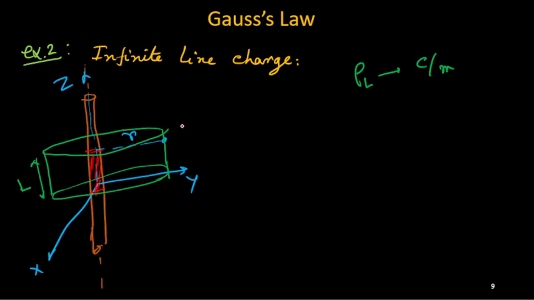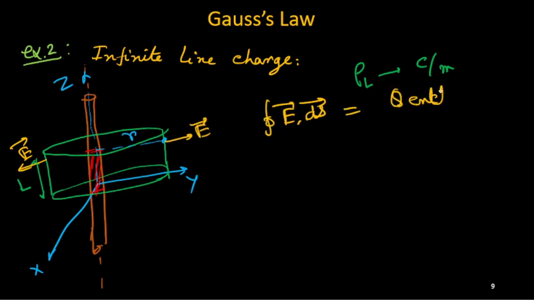Okay, now here we can have some electric field, and this electric field is always radial, in every direction it is radial, that we are assuming. This is the electric field. So E dot ds, by Gauss law, equals the charge enclosed upon epsilon naught.